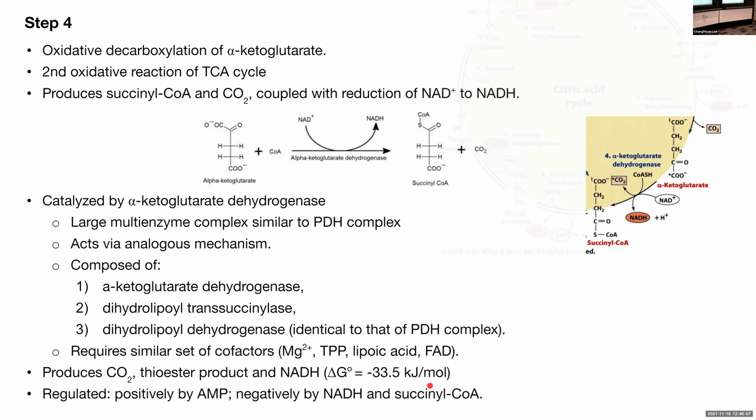So exactly the same coenzymes. It also produces carbon dioxide, a thioester product, and NADH. So again, it's the exact same pathway, with a delta G naught value of negative 33.5. So it's pretty much identical too.